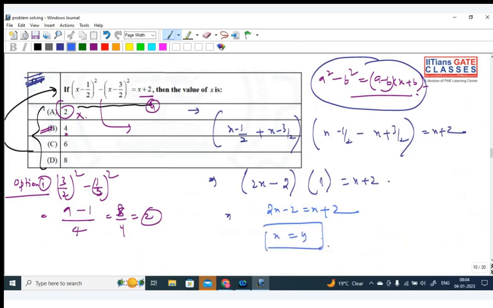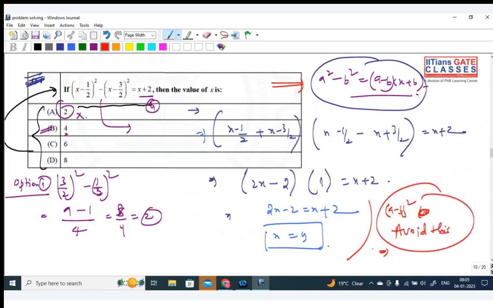So how many of you understood this? Okay. What kind of mistake people do is where you will get stuck. This is my approach. People will be stuck here if they open using (a minus b) whole square. Avoid this.